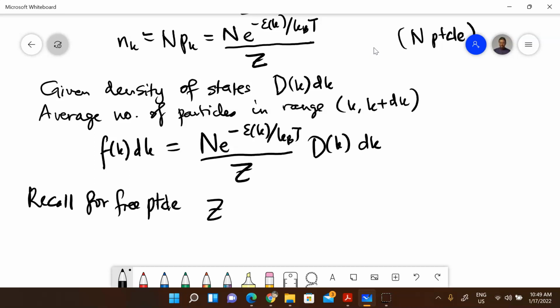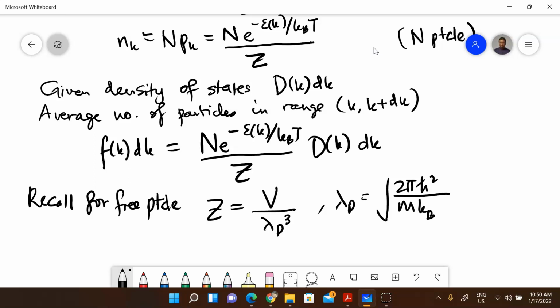Your partition function is given by the volume divided by lambda d cubed, where lambda d is given by the square root of 2 pi h bar squared on m k B T. This is sometimes called the thermal de Broglie wavelength. So what you do is simply plug those in.